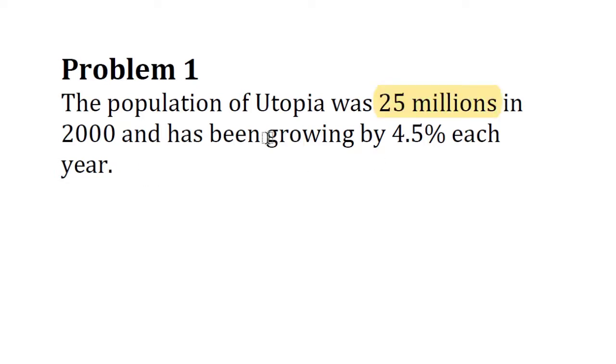And "has been growing by": this year when I'm recording this lecture, we are way past the year 2000, so that's why it says it has been growing. This indicates that the quantity is growing. It's growing by, this is the rate, 4.5% each year.